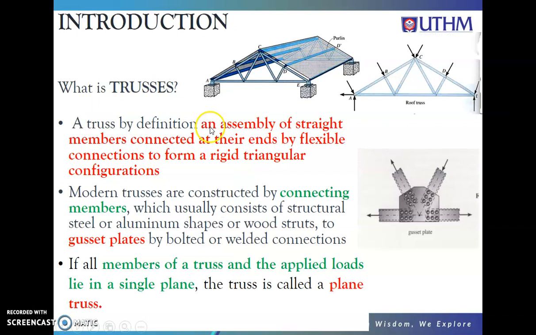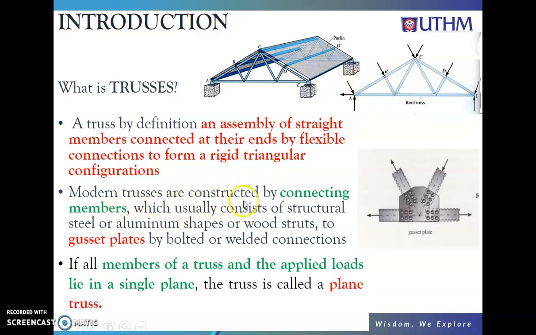As for the introduction, what is a truss? A truss is an assembly of straight members connected at their ends by flexible connections to form a rigid triangular configuration. So dia terdiri daripada straight members connected by flexible connections, in order to make a rigid triangle.